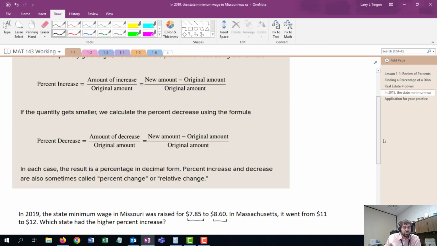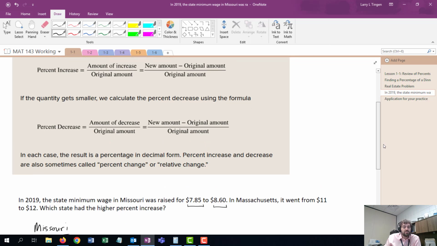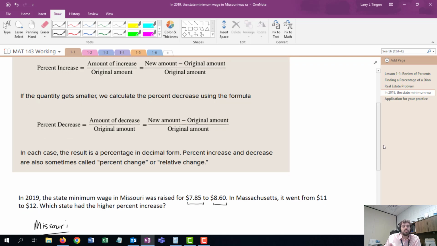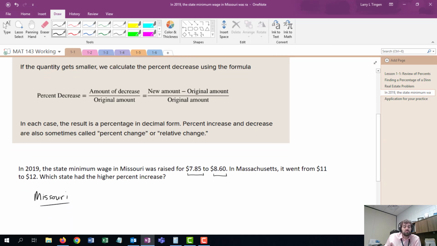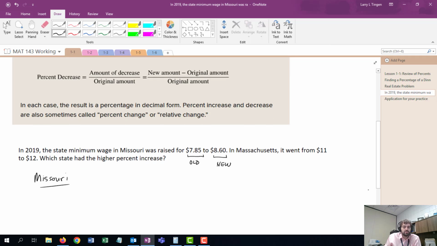So for percent increase, I need to find what's the new amount, what's the original amount, and go from there. Well, just based on the problem, if it's increased from $7.85 to $8.60, this is the new, and this is the old, or original. Same thing, it's just that old has a lot fewer letters.